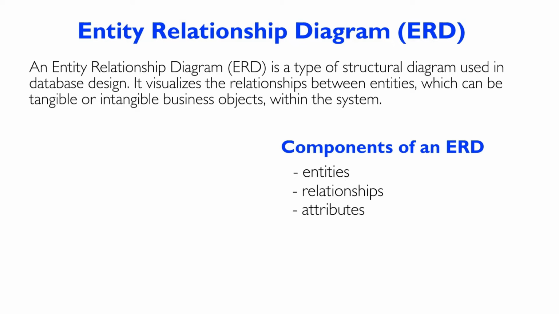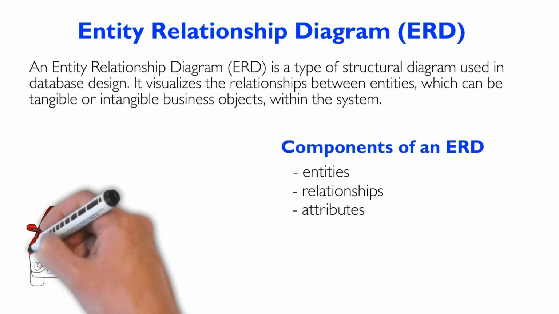Now, entities are things that have data stored about them, such as physical objects, concepts, or events. Now, relationships define how entities are related to each other, and they can be derived from verbs when speaking about a database or a set of entities.